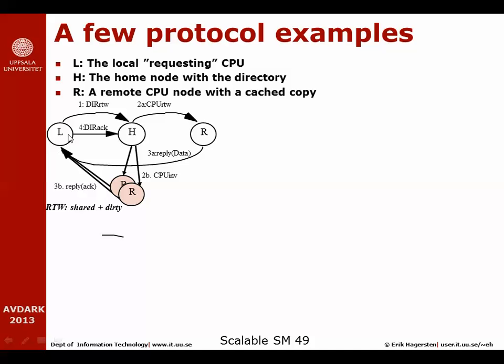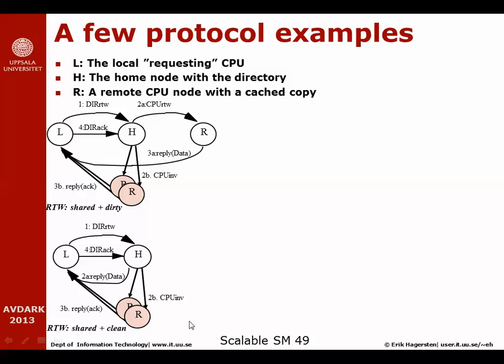That's the point in time, receiving all the acknowledges as well as the data, when it actually can start to modify this piece of data. And then the local node will send an acknowledge back to the home again, just to acknowledge that everything is clear, its request has been fulfilled, and it's very happy. That's what this acknowledge says.